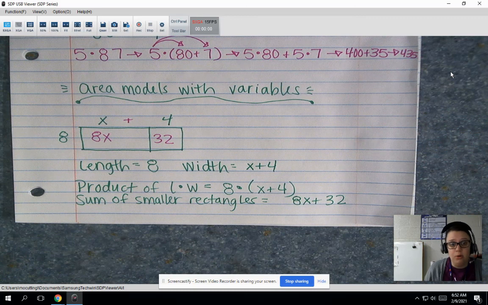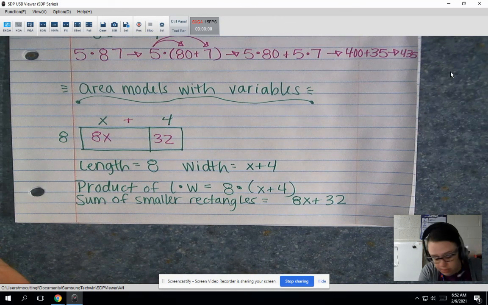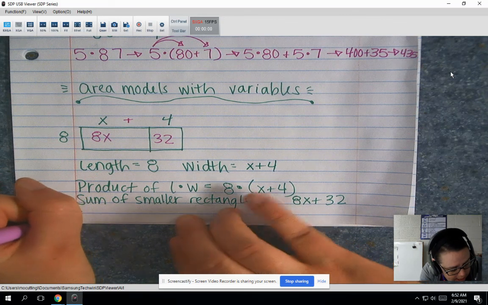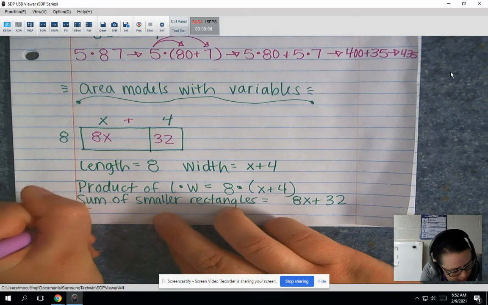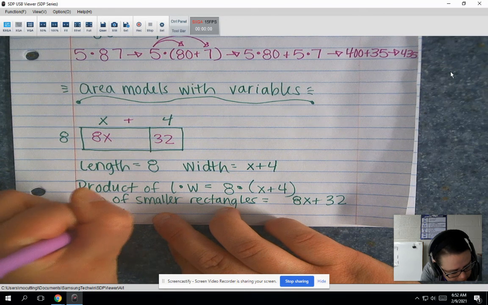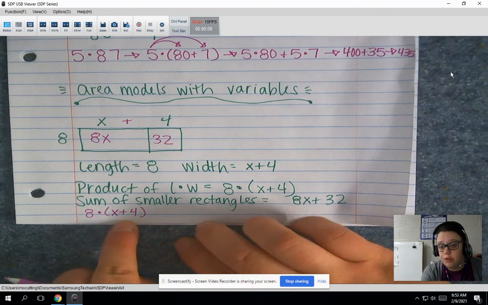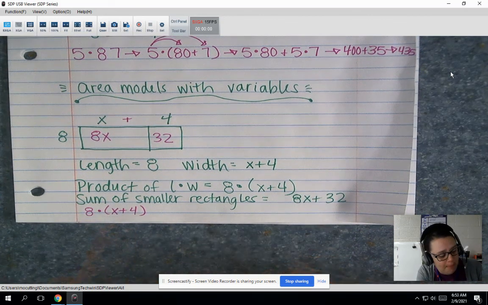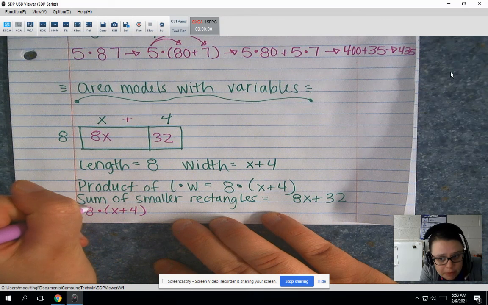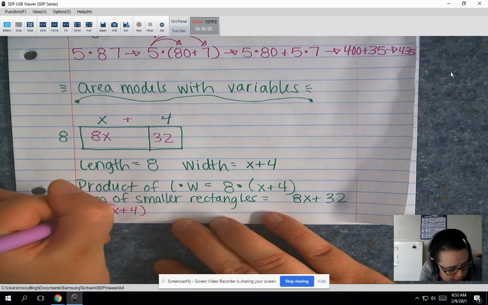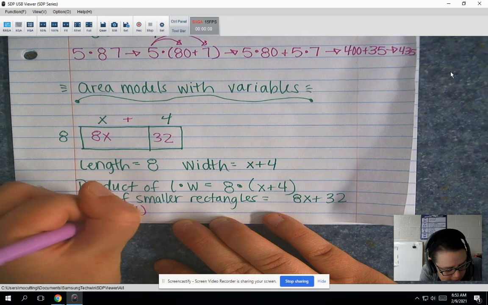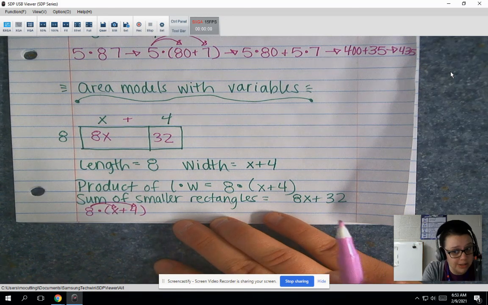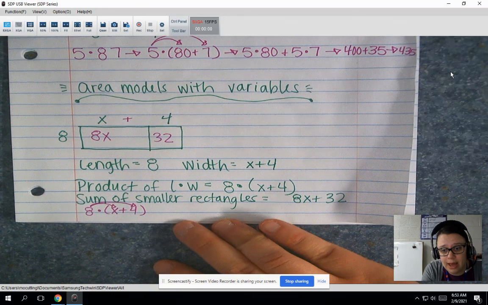Okay, what we just did was using the distributive property. Check this out. So we started with this as our length times our width, 8 times x plus 4. x plus 4 was stuck in parentheses jail. We can't do anything with it. The distributive property comes along and says, hey, we can distribute, or we can pass out this 8 with the times sign to both of these things, and then we can break it out of parentheses.